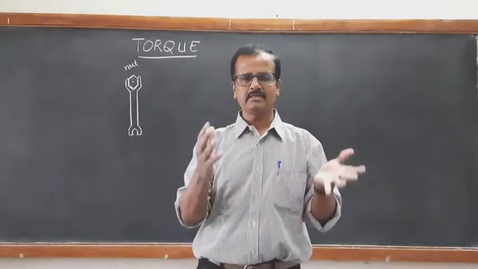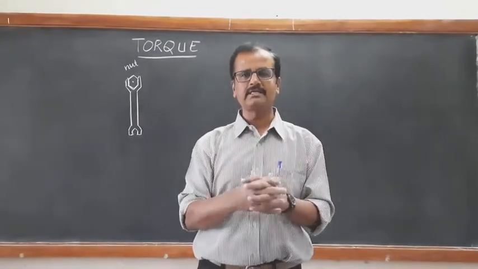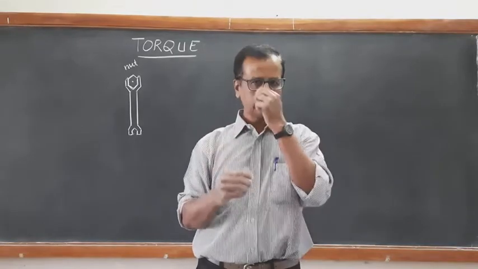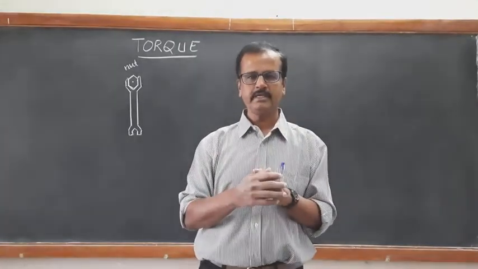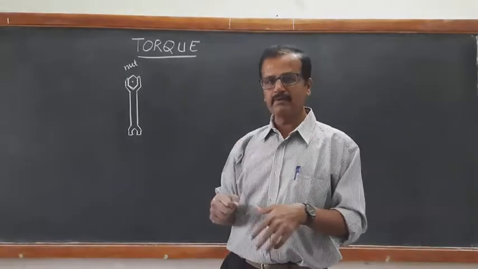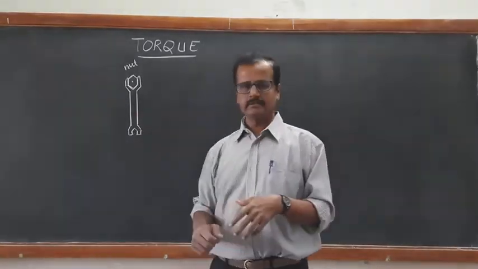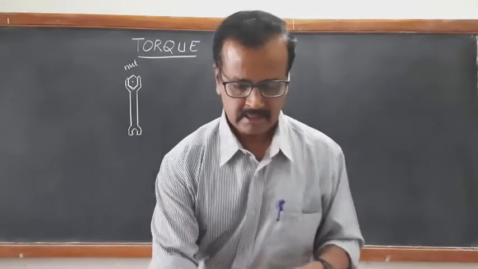Whenever the tire gets punctured, they will replace the tire with another one, the stepney, right? At that moment they will search for a spanner. It's a spanner or wrench.